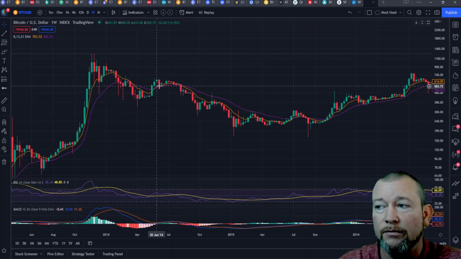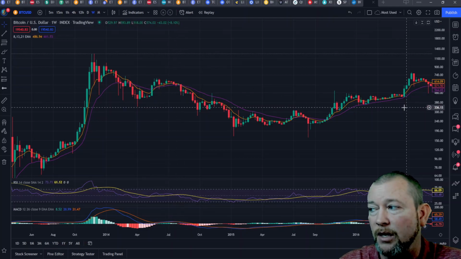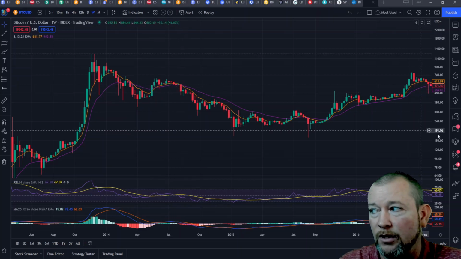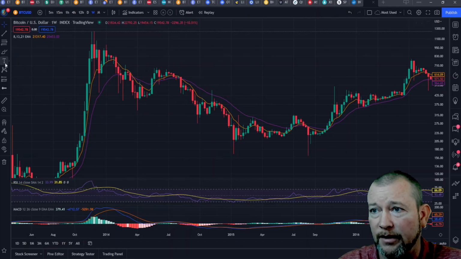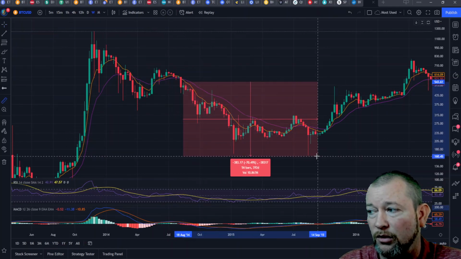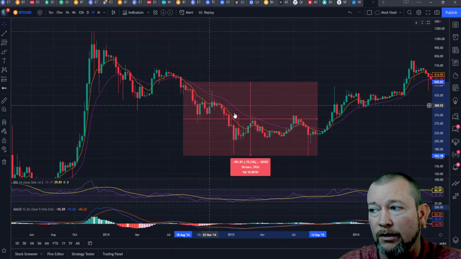Now there are several times when this will cross and then immediately cross back down again. And that's okay. You can take your shot long here, and if it crosses back below, we get out. We might have lost a little bit, but it's nothing compared to how much we would lose if we stayed in and took this potential 70% loss. Now you have to wait a very long period of time.